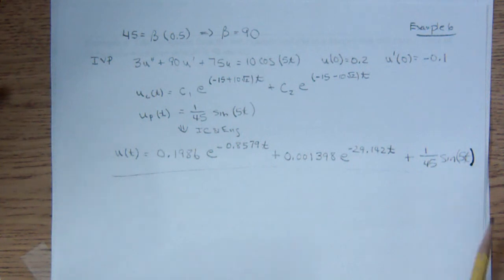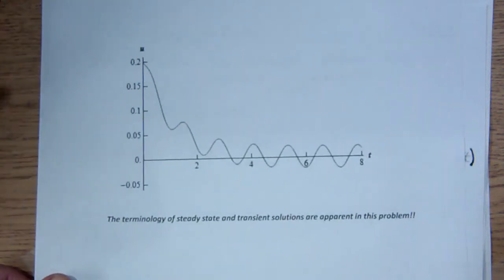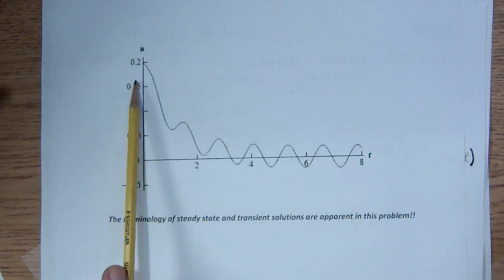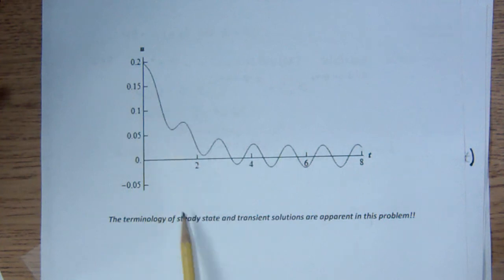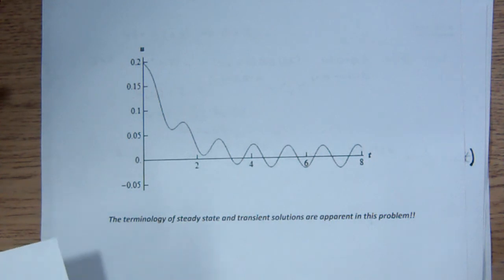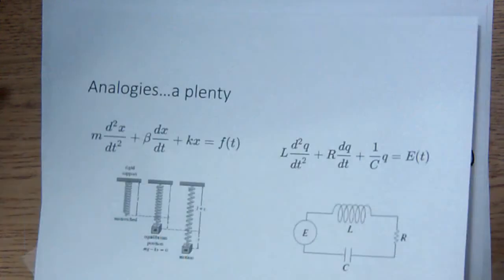So the picture of this will look more or less like this, and so you see that I have some things happening at the beginning that are called transient elements of the solution, because they die out as t gets bigger, but then we go into what is called a steady state mode, and that's the steady state solution. And so we can see both of those things here in this problem.